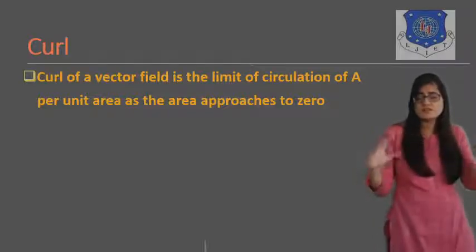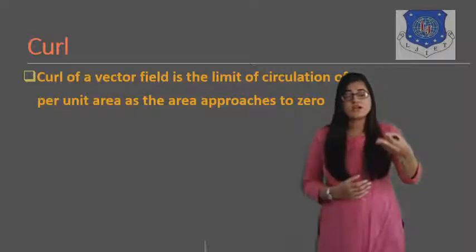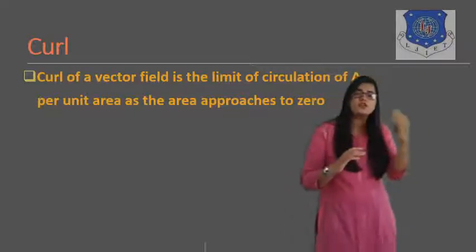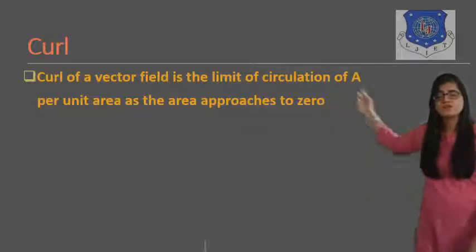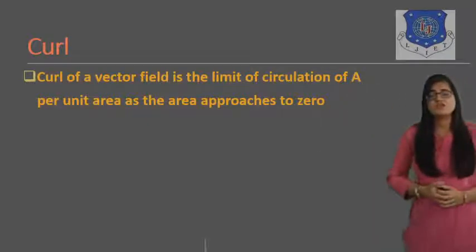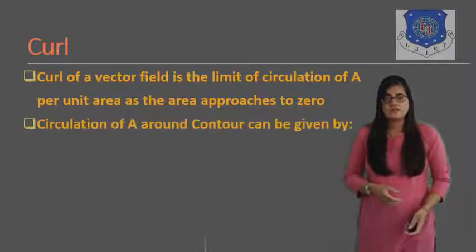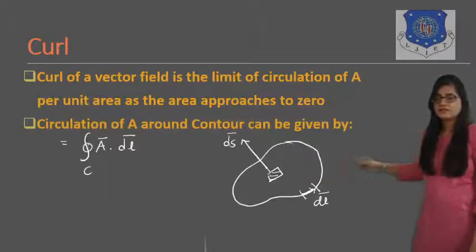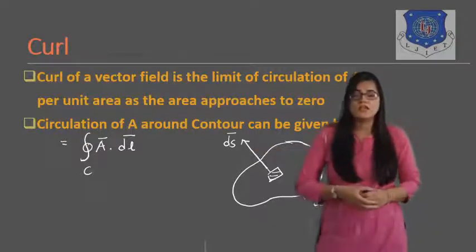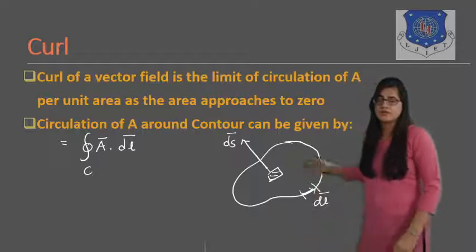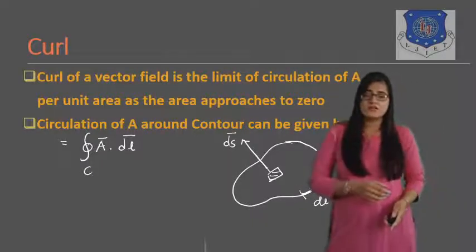Similar to divergence, where we took the surface integration of that vector per unit volume as volume tends to 0, in this case you have to do the circulation of A. Circulation of A means the line integration, A bar dot dl bar over this particular section. So now how is it denoted?